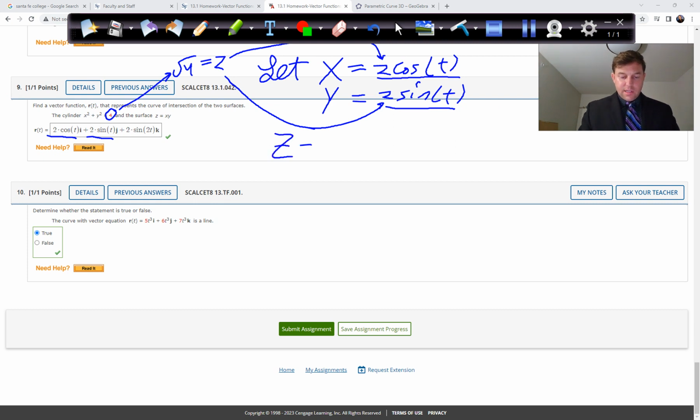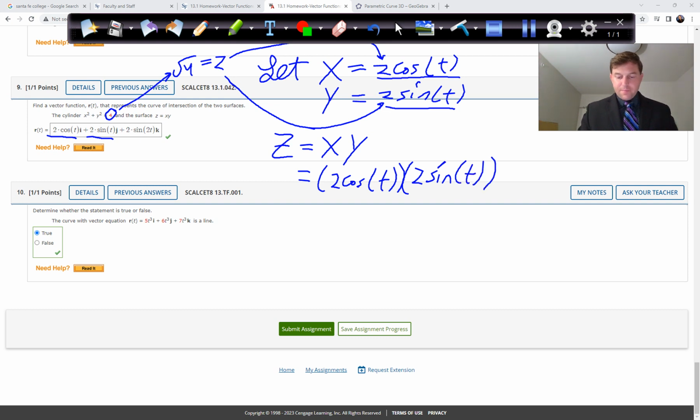Well, it says the intersection is z equals xy. So what we have to do is substitute in 2 cosine t for x and 2 sine t for y. And we can do 2 times 2, that would be 4 cosine t sine t.